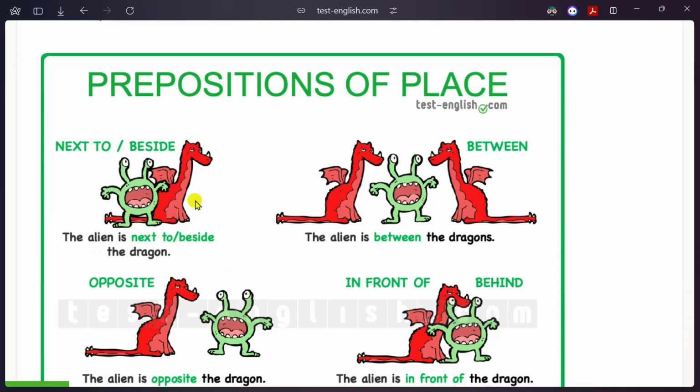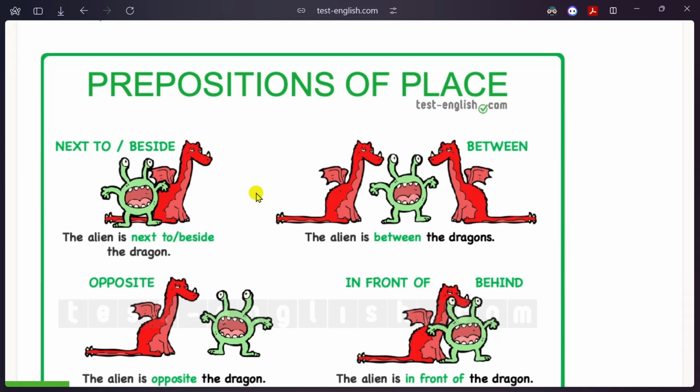The alien is on the right side. Remember, right, left, on the right. Nearby. By. He's by the dragon, okay? So next to or beside.